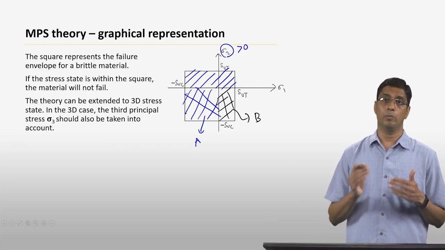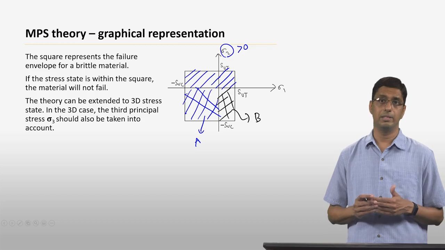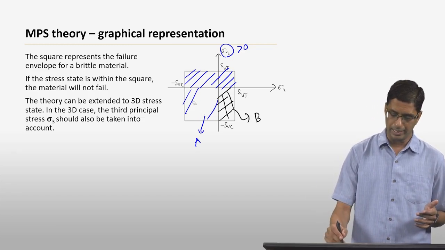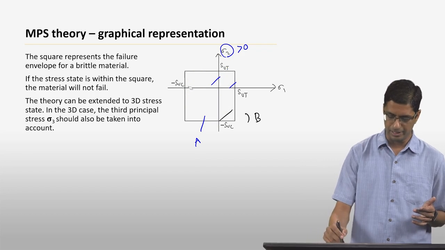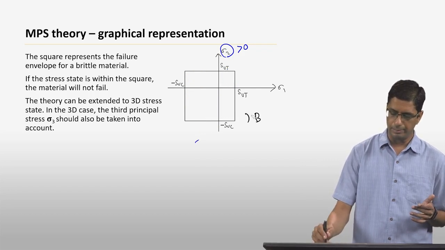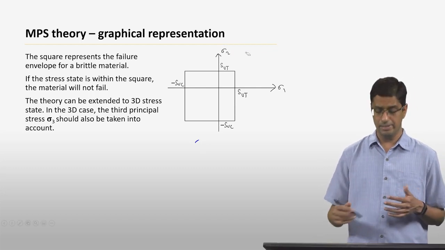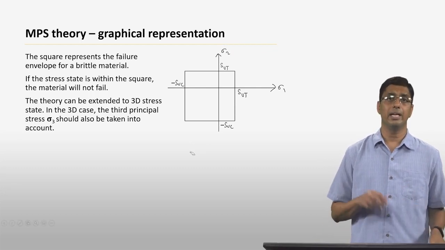But the moment one of those conditions is violated, the material is going to fail. Okay? So that is the reason why you get this kind of a failure envelope, which is essentially a square for the brittle materials, especially using the MPS theory.